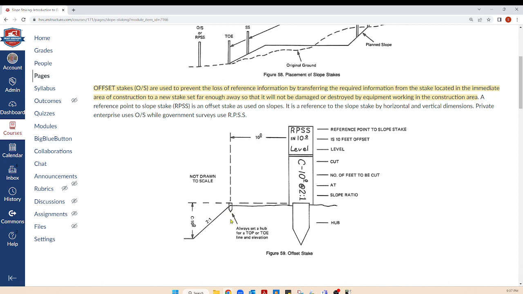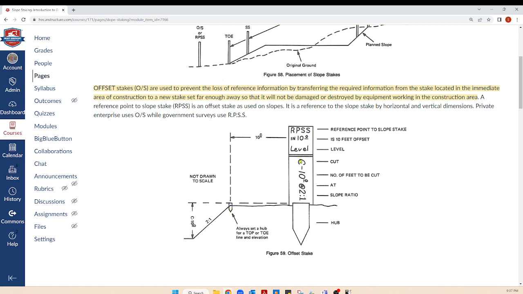Keep in mind, just for measurement, we're building stairs. We go down 10, we don't actually cut that dirt right there, but we know to measure out 20, and that's where our toe will be when we get through moving all this dirt around. So again, this is telling us how to build this slope.